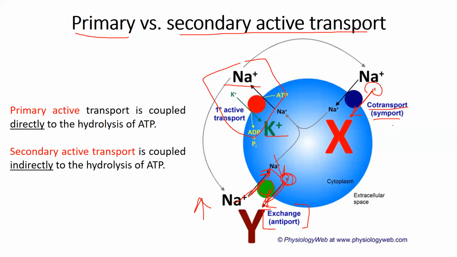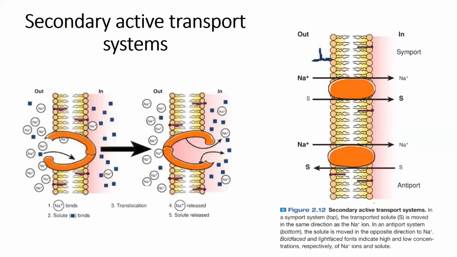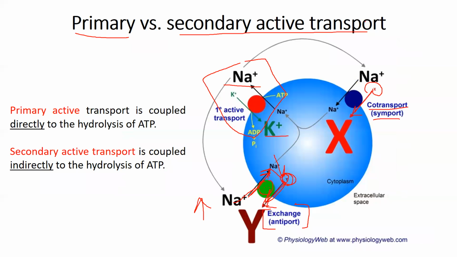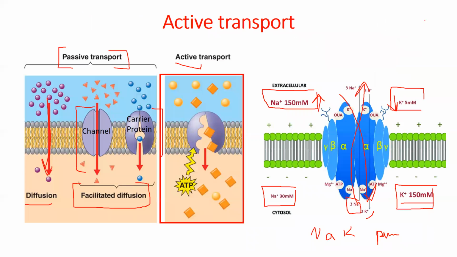Sorry? Okay, I'll repeat that. So you know the active transport, right? The primary active transport. You are good with that, right? Okay. So with the primary active transport, you see here the sodium potassium pump.